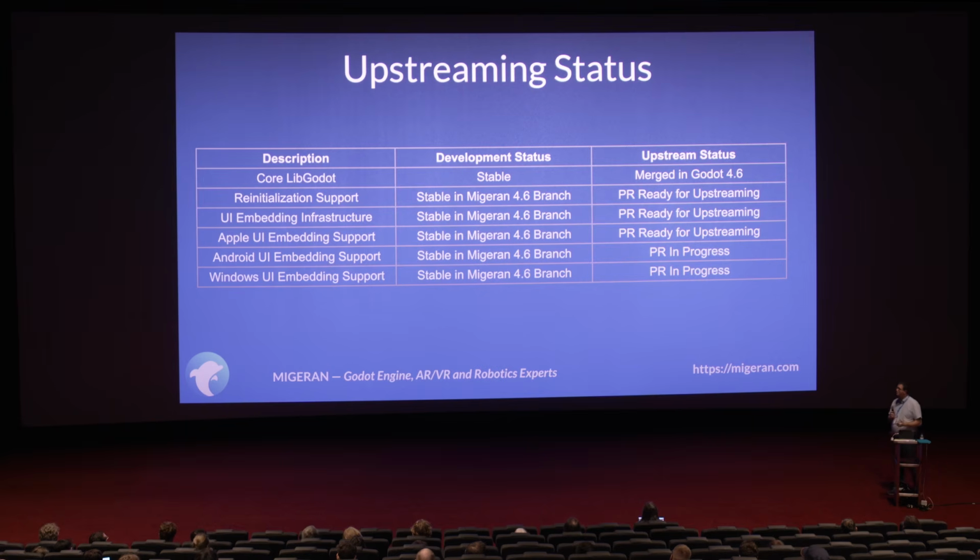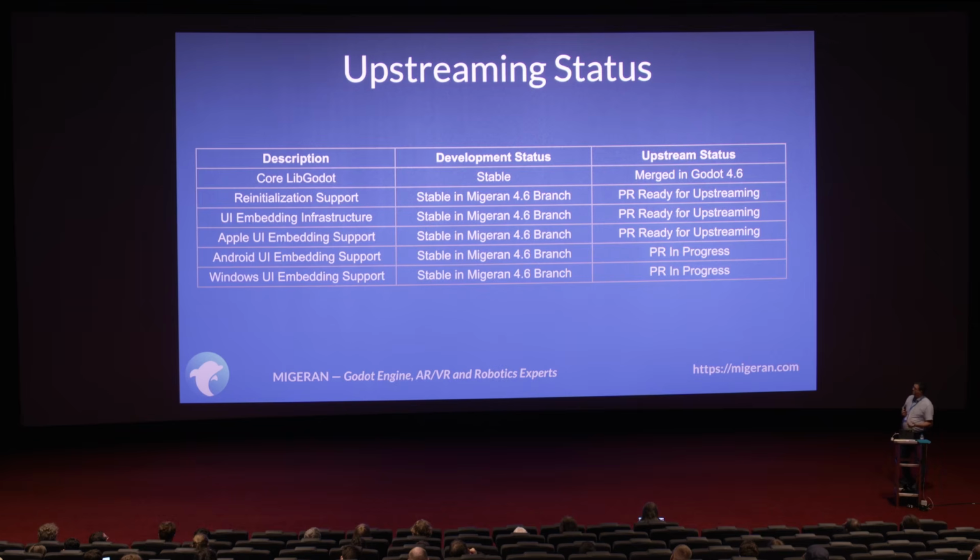The next feature set is the UI embedding features. There is the core infrastructure, the new abstraction layer of the different rendering surfaces that we can use on different platforms, and also the Apple UI embedding support.